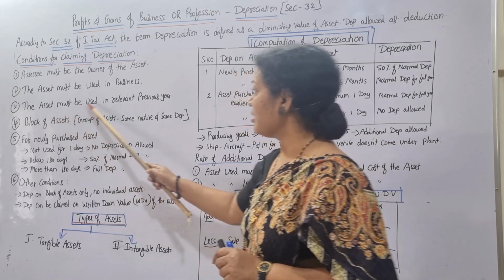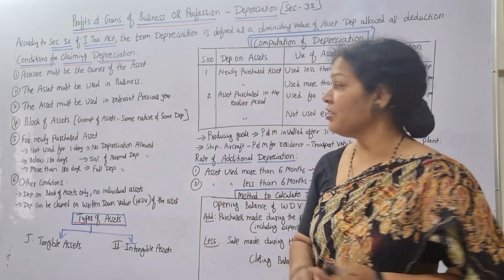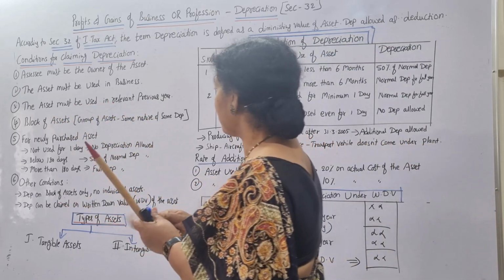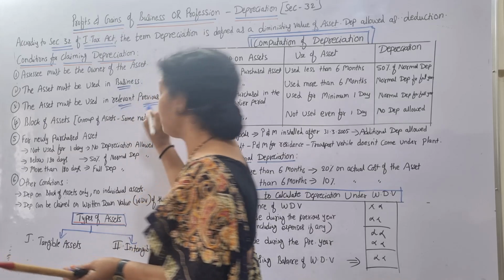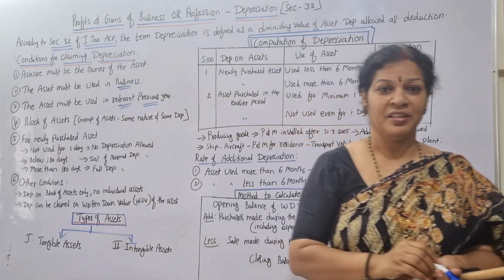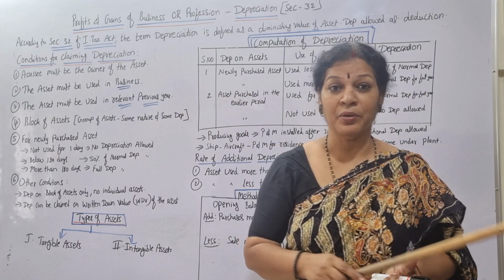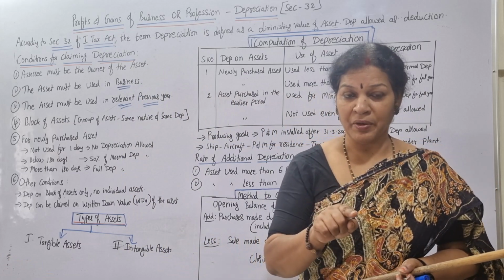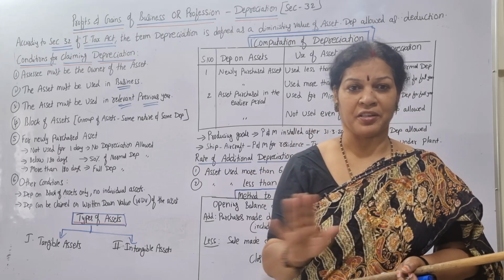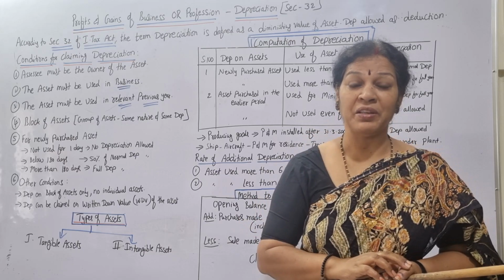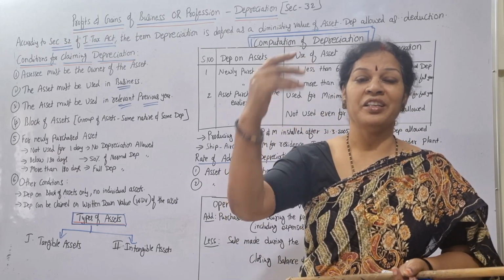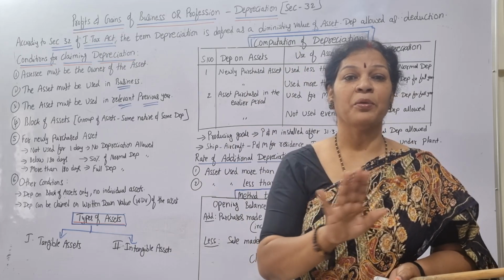Third thing, the asset must be used in the relevant previous year. This must be for business and it must be relevant to the previous year. Income tax is generally calculated for one year, April 1st to March 31st every year. So the asset must be used in the previous year; if you used it 5 or 10 years ago, that won't be calculated.